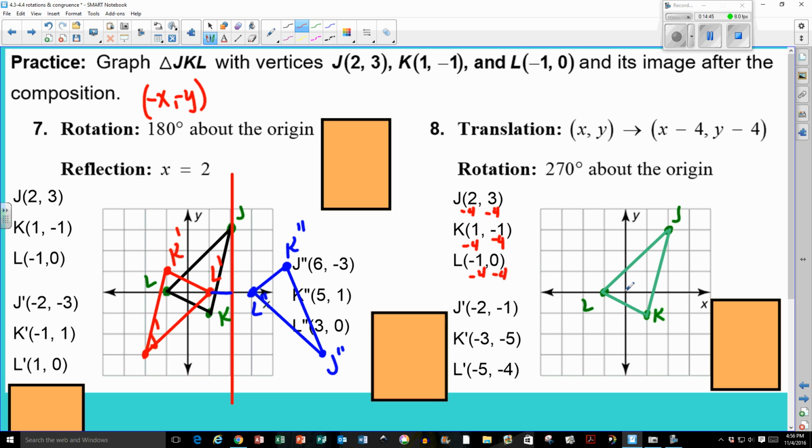So I've got -2, -1. So there's J prime. -3, 1, 2, 3, 1, 2, 3, 4, 5. I should have stuck with counting by 2s, but I didn't, so it's okay. -5, -4. So that would be L prime. And then we'll connect those.